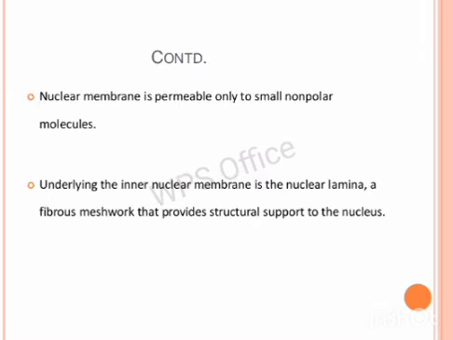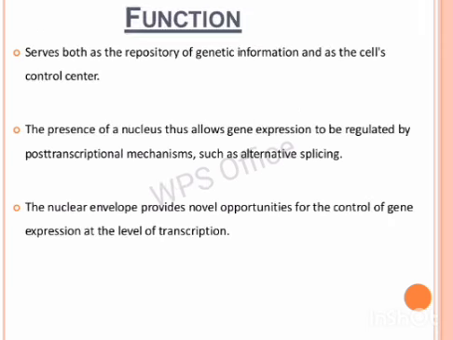The nuclear membrane is permeable to small nonpolar molecules. Underlying the inner nuclear membrane is the nuclear lamina, a fibrous network that provides structural support to the nucleus. Now the function: it serves both as the repository of genetic information and as the cell's control center.